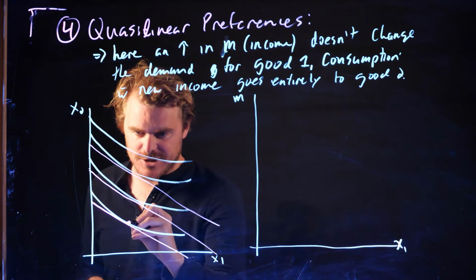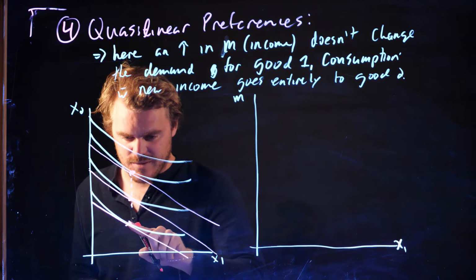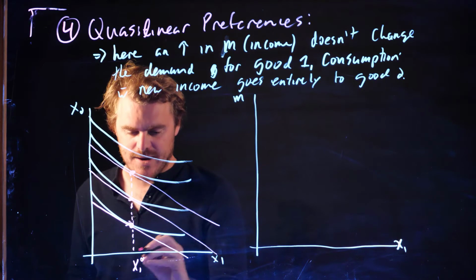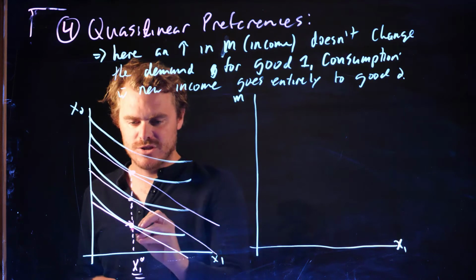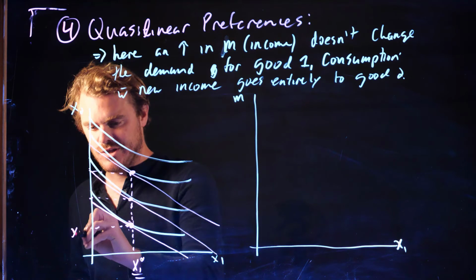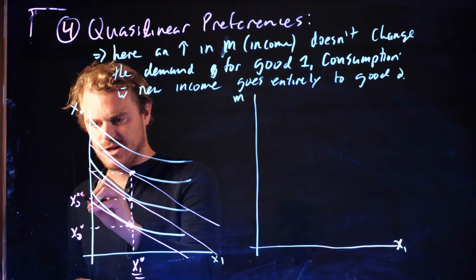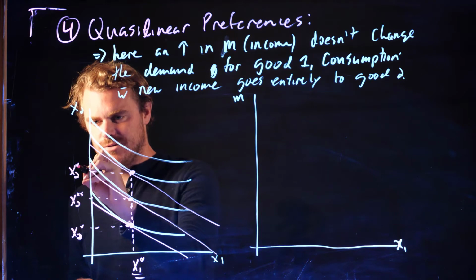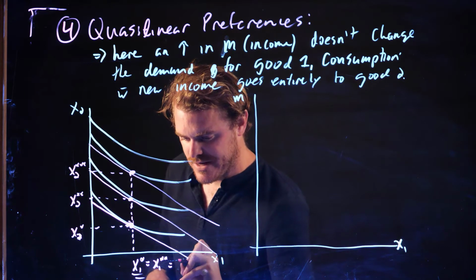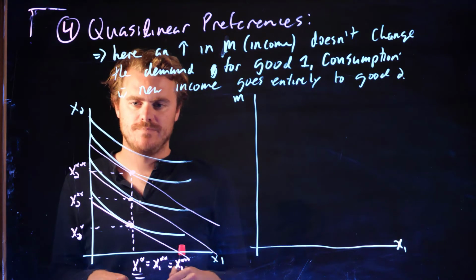Obviously it's harder to draw freehand, but these should all be the same amount. So no matter what our income, we're always buying this much, where we're spending all of our new income on good 2. This was X2 star, this was X2 star star, and this was X2 star star star. Where X1, we didn't change our consumption when our budget went up.